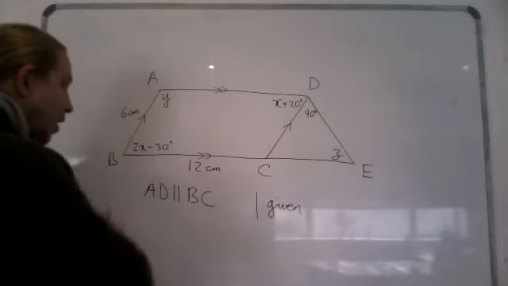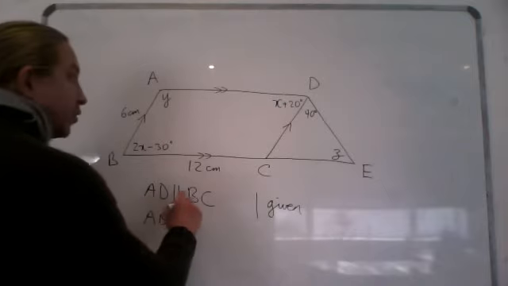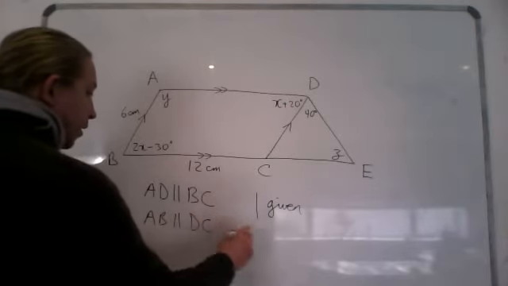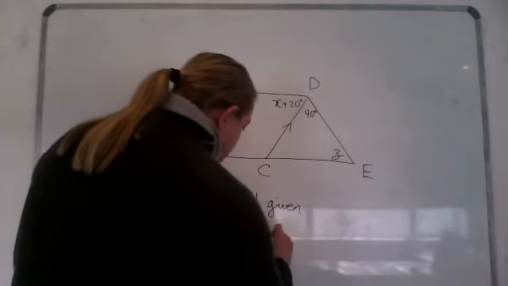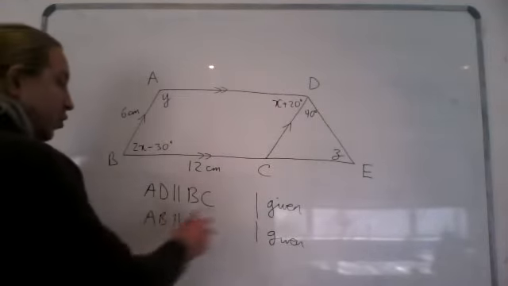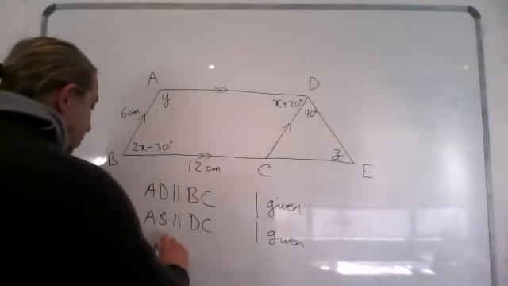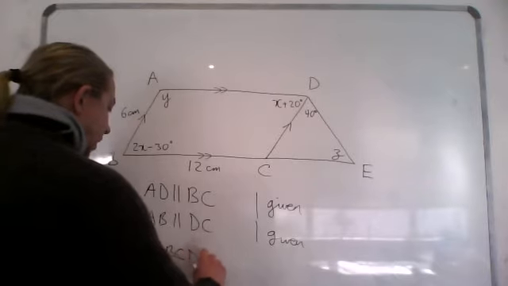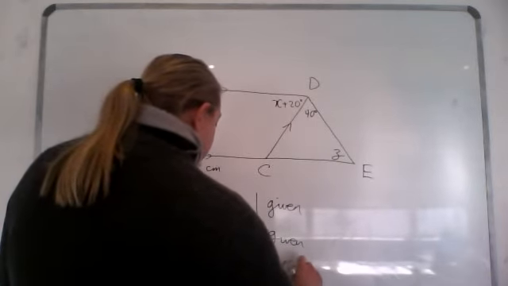There it is. Cool. Then AB is parallel to DC. Why are we saying that? Same reason. It was given to us in the question. They told us that it was so. So those two are given. Now we can say, therefore, ABCD is a parallelogram.